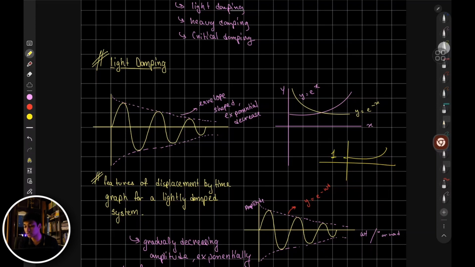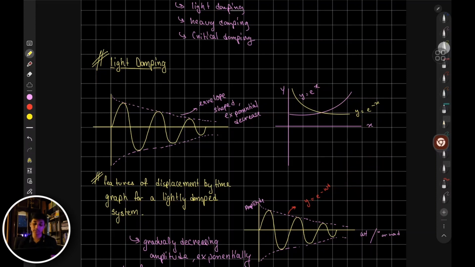So this is your typical e to the power x curve. And your yellow curve, which is synonymous to the curve given by the peaks of your light damping, is actually y equals e to the power minus x, right?